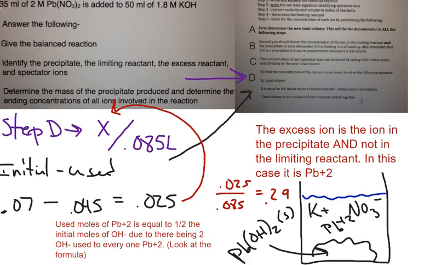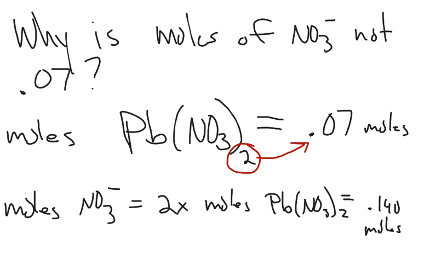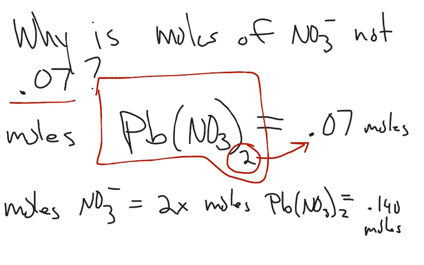Now NO3 is a little bit more tricky. So let's go here. Why are the moles of NO3 not 0.07? That's because when you found the moles early on, you found it of lead 2 nitrate. But for every 1 lead 2 nitrate, there are 2 nitrate polyatomic ions.